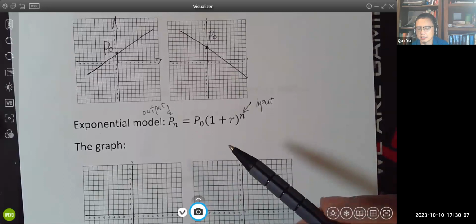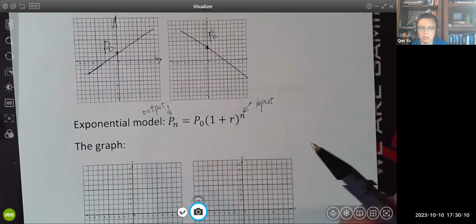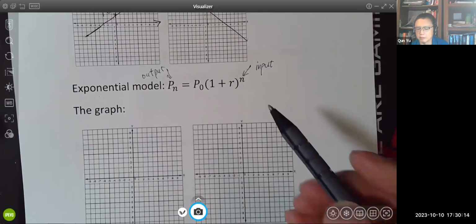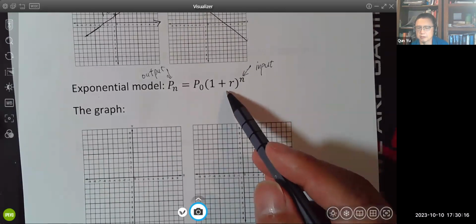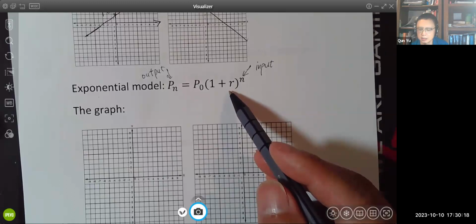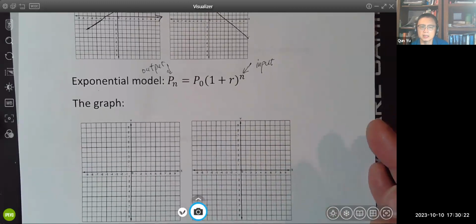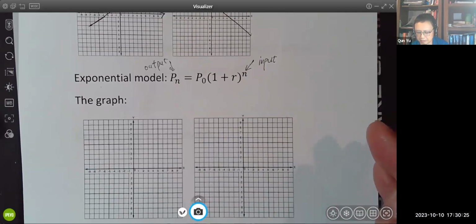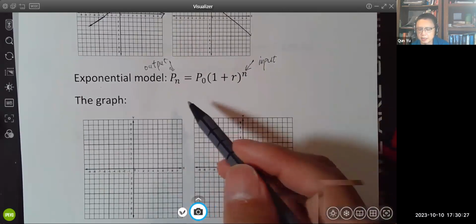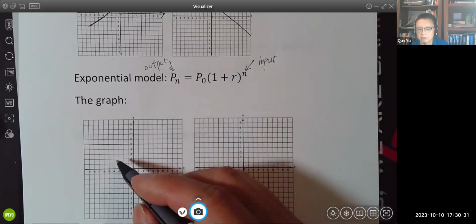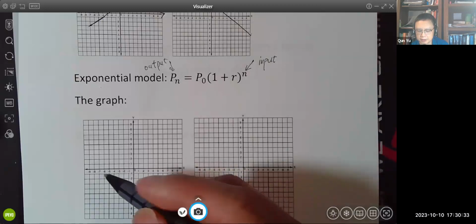Now, what is an exponential model graph? No matter whether this growth rate is a positive or negative percentage, positive means it really has growth, and negative means it is actually declining. But if we have a positive percentage here, you're going to have a smooth curve going up from left to right.